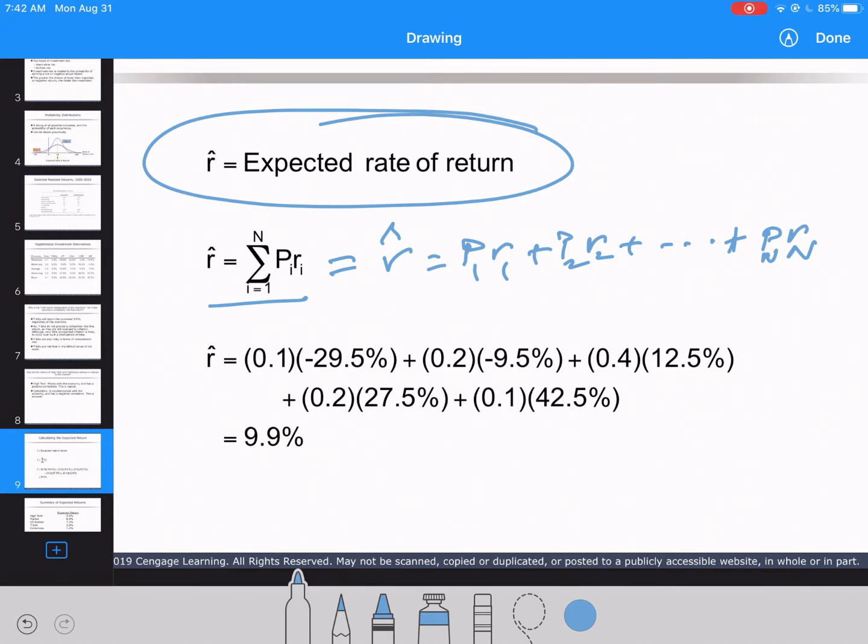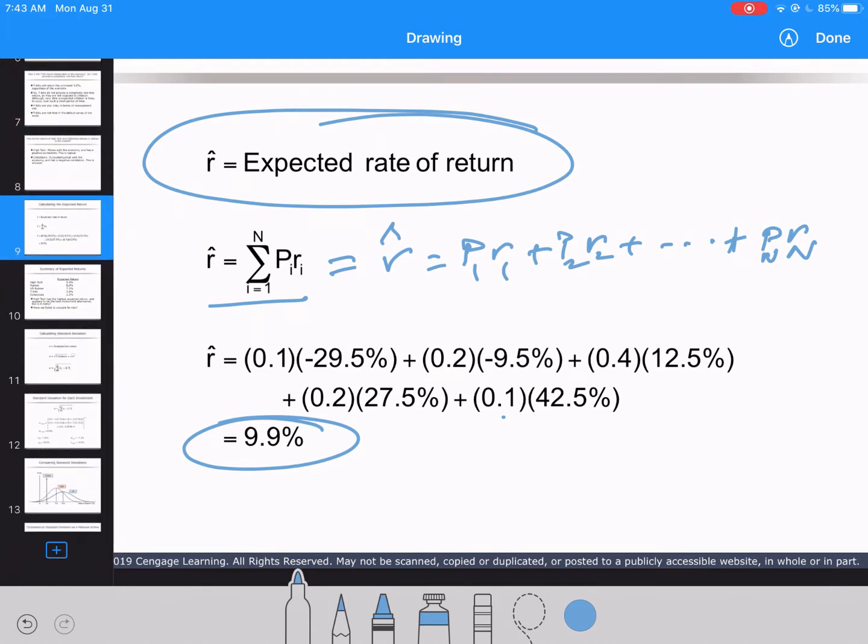When you calculate this for expected return, recession is 10%, boom is 10%, and average is 40% probability.